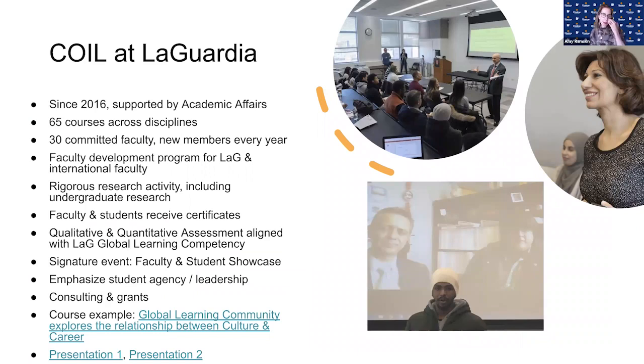And Olga has been running this program. And she has 65 courses across different disciplines, a lot of development. She has a colloquia, and you can read all this. They receive certificates. It's really the most developed COIL of all the CUNY COILs.